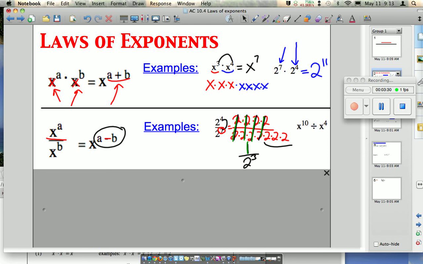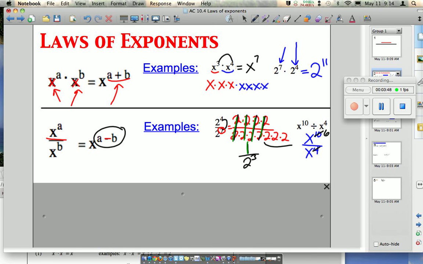So x to the 10th divided by x to the 4th. Remember, we can write that division as x to the 10th over x to the 4th. That means that the 4 x's on the bottom will cancel with 4 x's on the top, leaving 6 left over. So there'll be 6 extra x's on the top. That's just 10 minus 4 equals 6.